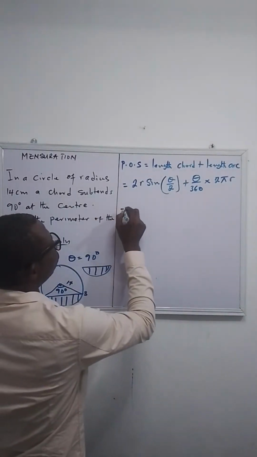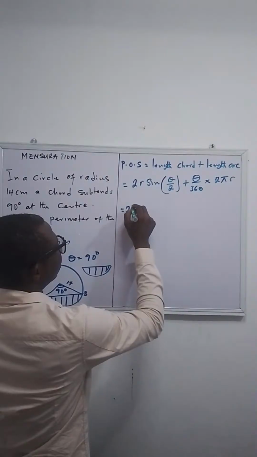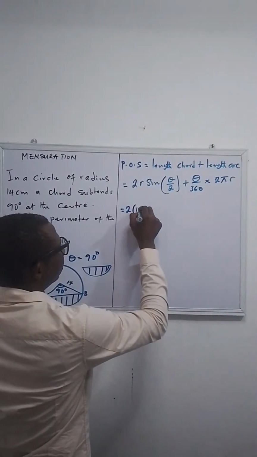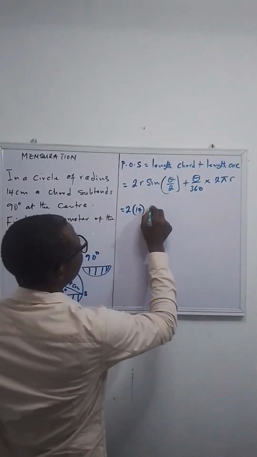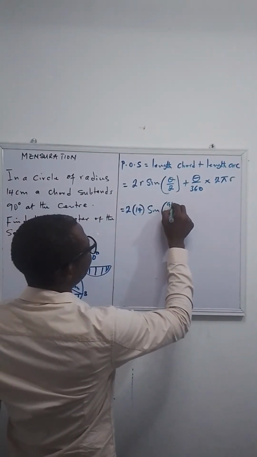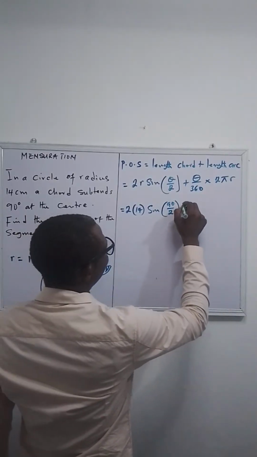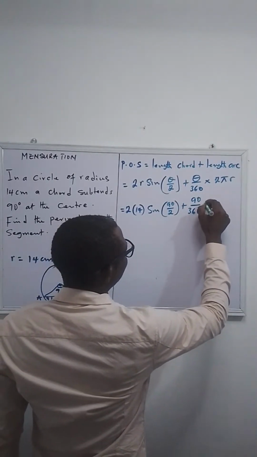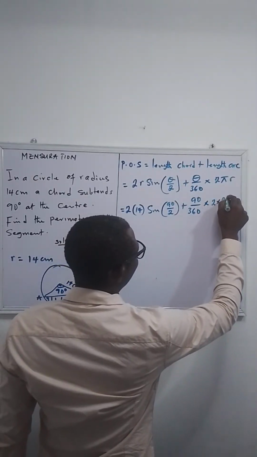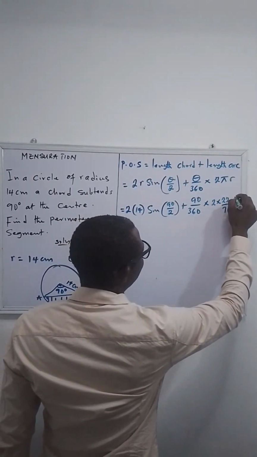So we have 2 times 14, which is the radius, 14 centimeters, sine 90 over 2, plus 90 over 360 times 2 times 22 over 7 times 14.